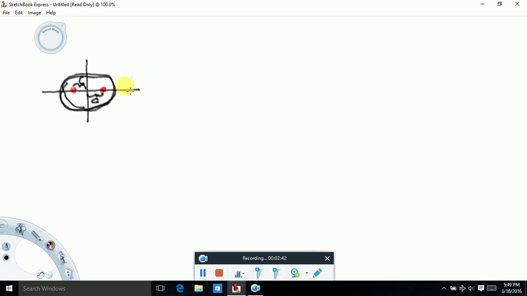We can relate the semi-major axis, which is this axis right here, that is A, and the semi-minor axis, which is B. We can relate these using the following equation: C squared equals A squared minus B squared.